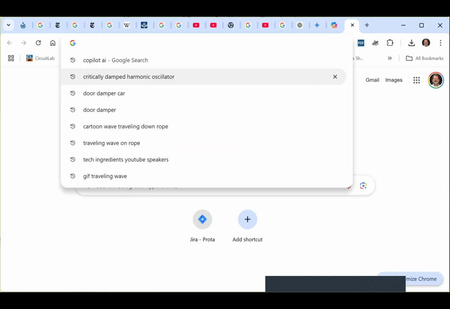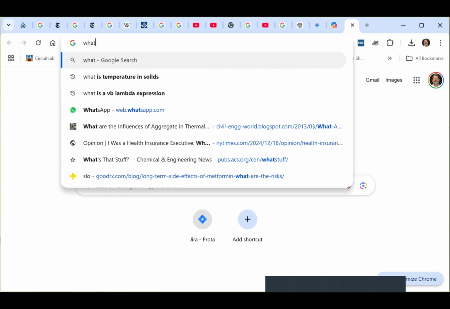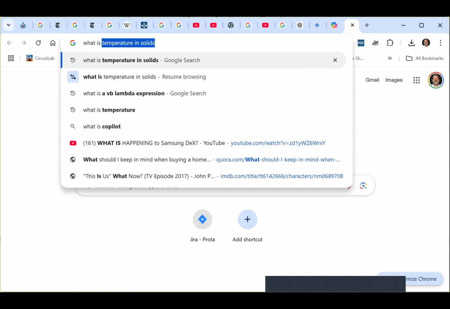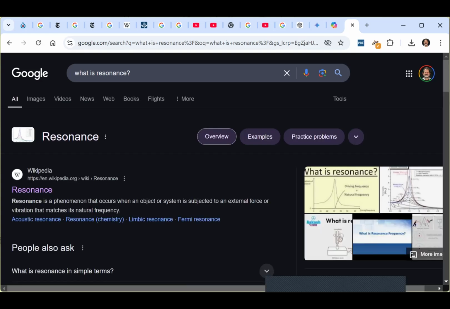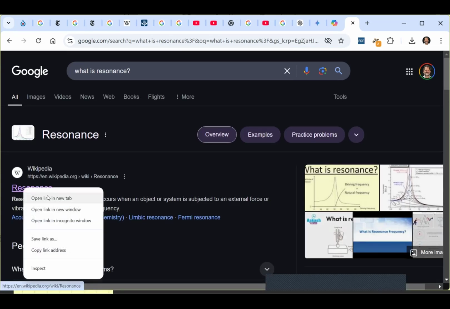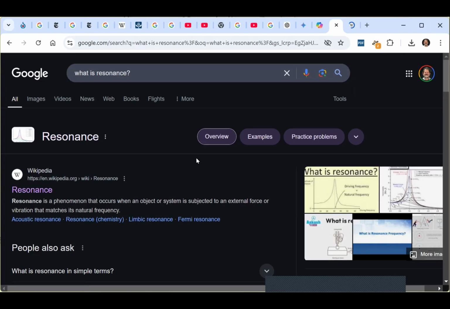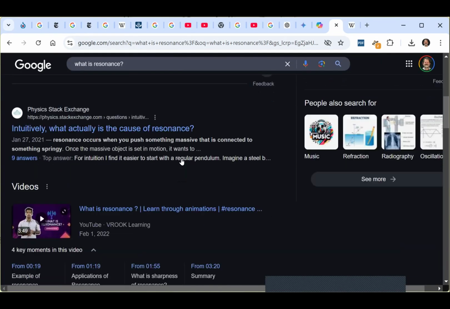Okay. Now, let's ask the question this way. What is resonance? Just using the normal Google. Now, two things I want to point out. Wikipedia, okay, which we'll see in a moment.